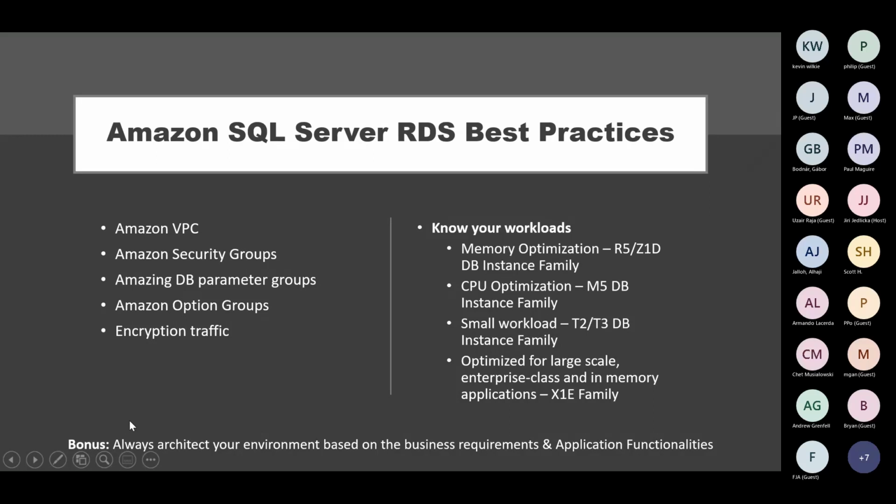Just for your information, always architect your environment based on business requirements and application functionalities, because I have seen tons of people have to redo their work and re-architect their environment because there was information they didn't get. If you want to leverage the cloud environment with a cost-effective mindset, you need to always go with business information and application requirements.